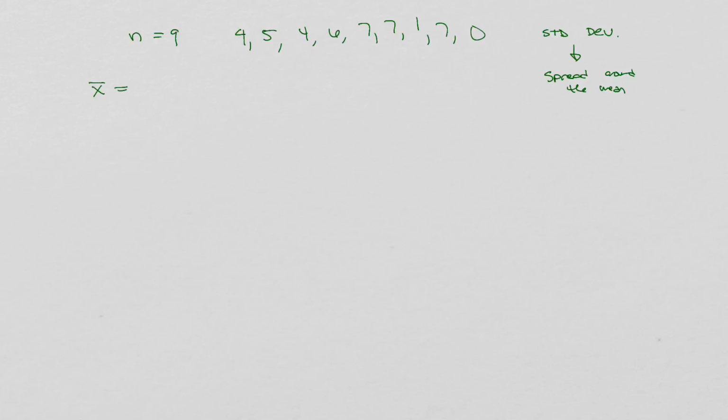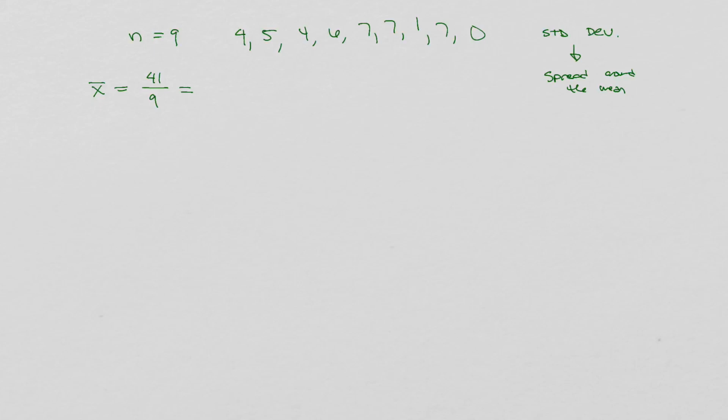So if we add all of this stuff up, we'll get a 4 plus a 5 plus a 4 plus a 6 plus a 7, 7, 1, 7, and 0. And that'll add up to 41 over 9. And if I divide that by 9, I get this.